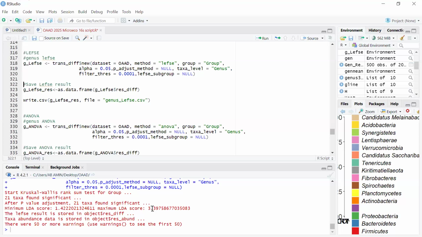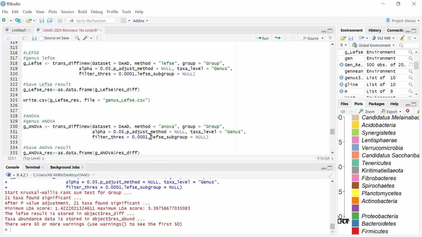If you have an LDA score threshold of 4, it will not capture anything when plotting LEfSe. This is just calculating LEfSe, but you will be the one to peg the threshold for significance. In most articles I've seen, people peg from 2 to 2.5 to 3, depending on how many taxa differ significantly.